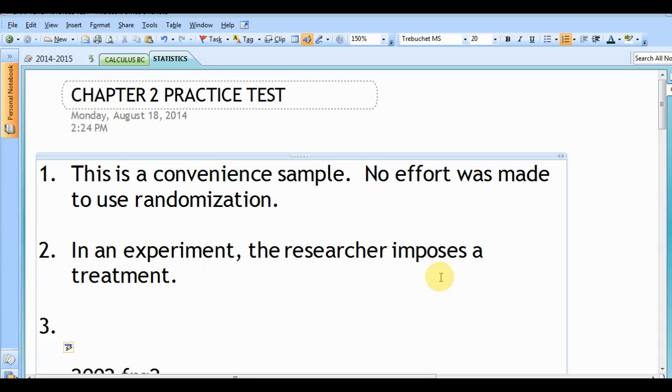E is good. So it's either B or E? B or E. Okay, and that really hinges on is this a matched pairs design? No, we're not matching pairs.